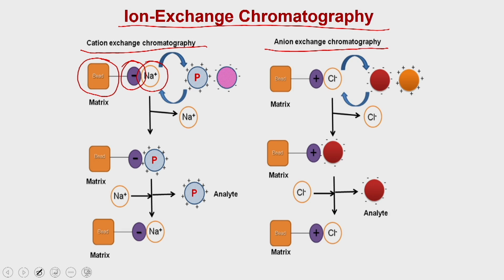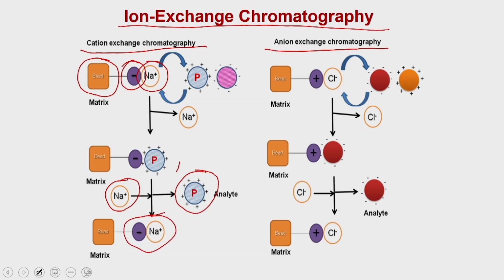All the positively charged proteins are going to replace the sodium, and in that process the protein binds to the beads. Then you supply a very high concentration of sodium, or different concentrations of sodium, and as a result the protein is eluted from the matrix, and ultimately the sodium binds to the functional group present on the beads.